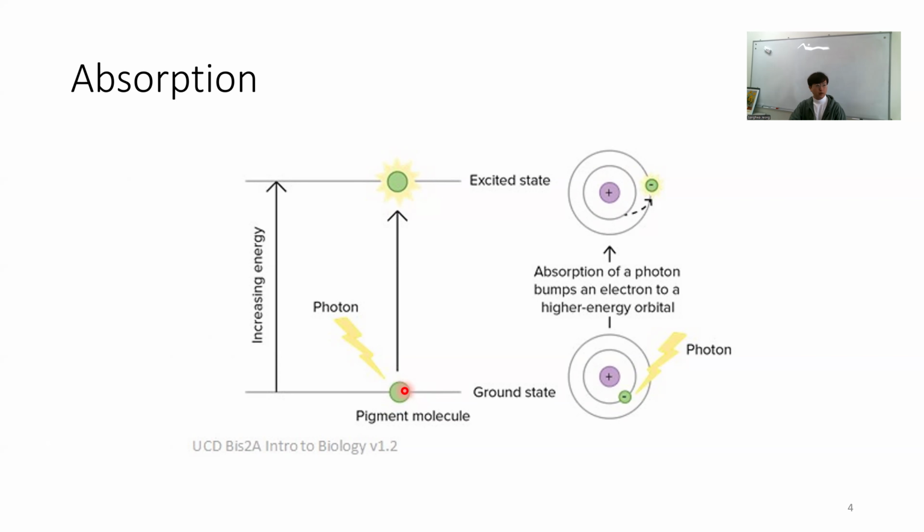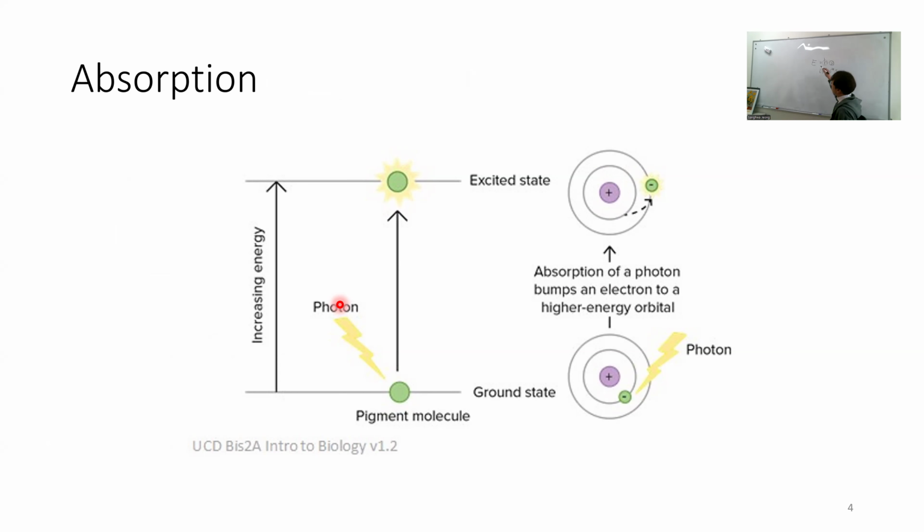When electrons absorb photons, the photon has energy E equal to, as we will discuss later, the Planck constant, 6.64 times 10 to the minus 34 joule-seconds, times frequency. So the photon's energy is linearly proportional to the frequency, and the Planck constant is just a constant.